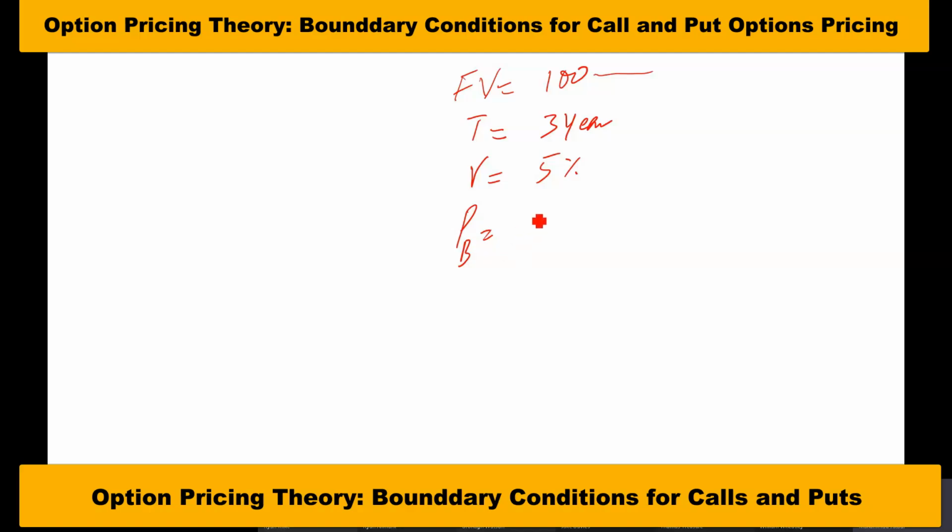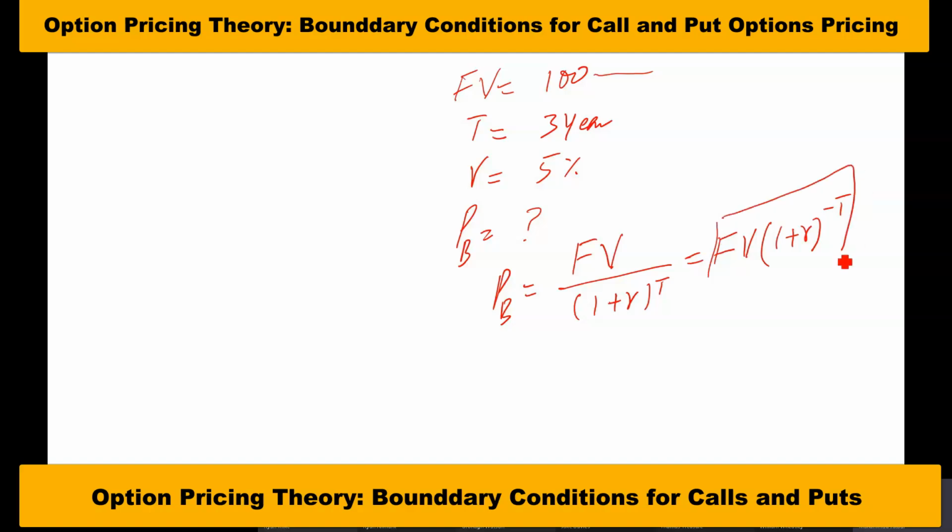So the price of this bond will be equal to the par value of the bond, which is the future value or the face value of the bond, divided by 1 plus r raised to the power t. And you can also write it like this: face value of the bond multiplied into 1 plus r raised to the power minus t, because when you bring this up, it becomes minus. Okay, so this is the formula.